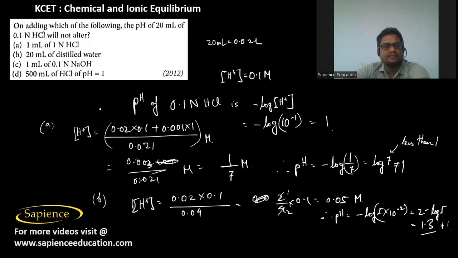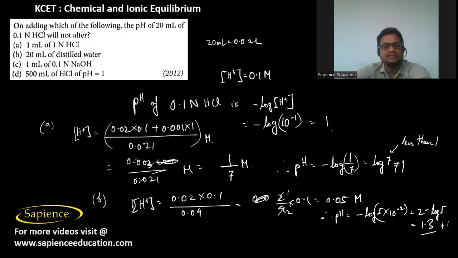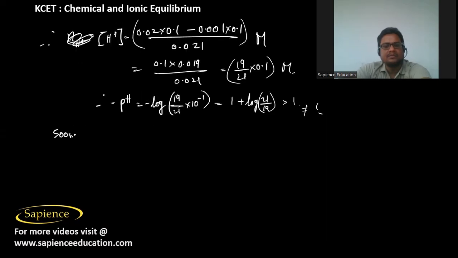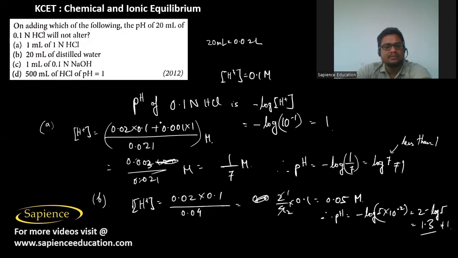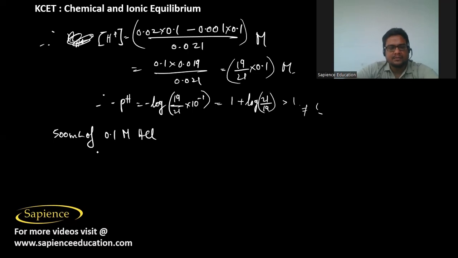And in part D, pH is equal to 1. So here the initial pH was 1 only. Here 500 ml of pH 1, meaning 0.1 molar HCl, has been added to 20 ml of 0.1 molar HCl.